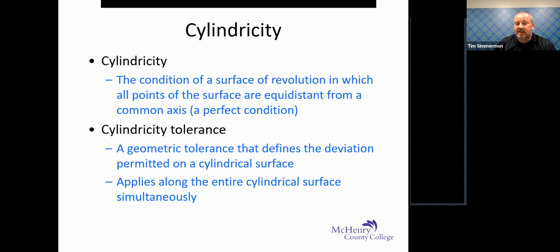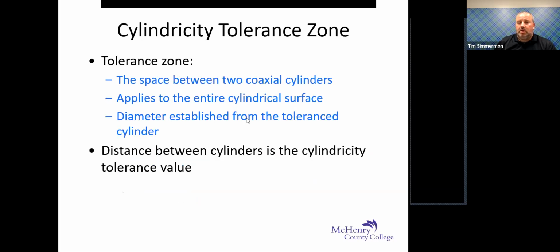So it tends to hold things a bit tighter as well. The tolerance zone is the space between two coaxial cylinders. Those coaxial, again, means shares the same center line. It applies to the entire cylindrical surface, and the diameter is established from the tolerance cylinder. The distance between those cylinders is the cylindricity tolerance value.